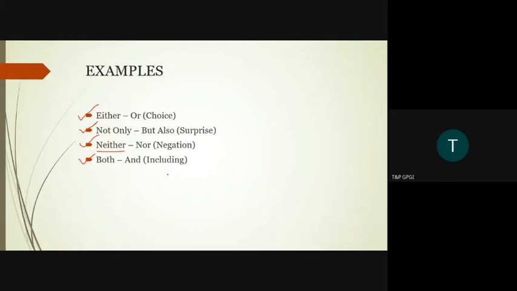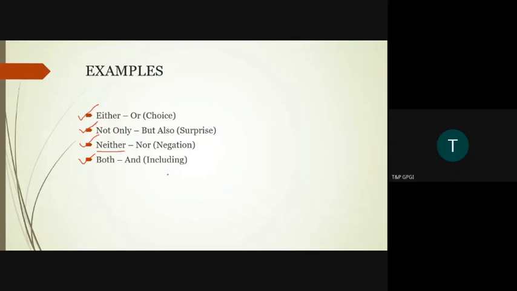I'll repeat, both my brother and my father love basketball. So we got both in the sentence and we got and in this sentence. We are including both. Both and. So it is inclusive. There are two parts and the second part is included with the first part.